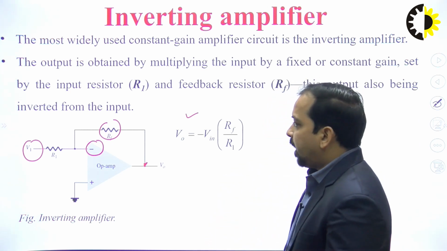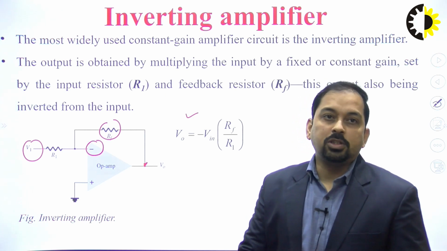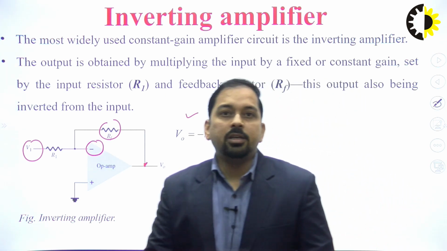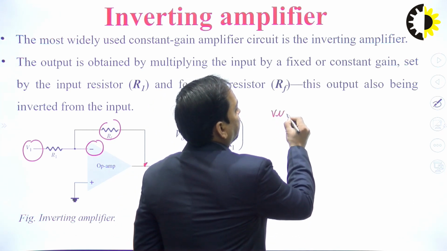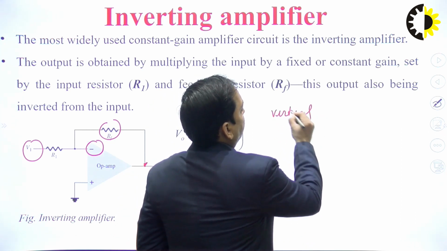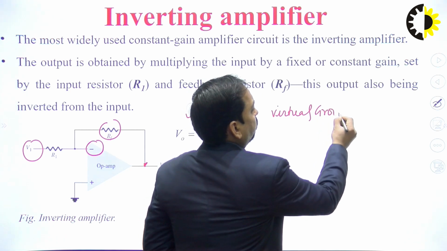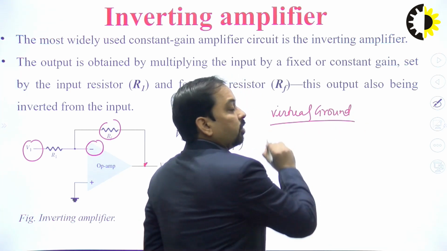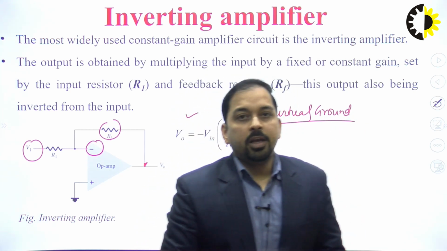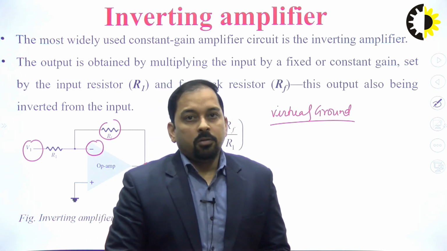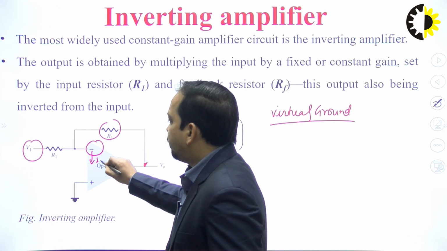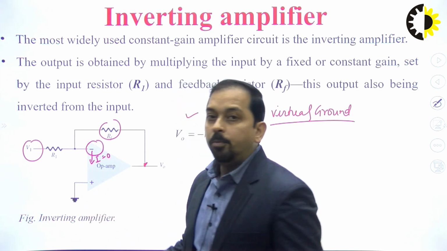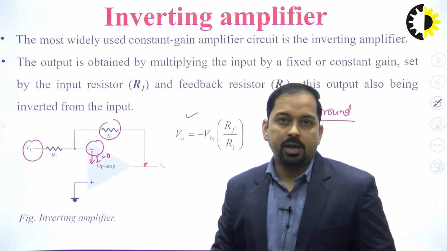So we are utilizing the virtual ground concept. We have already seen what virtual ground is. Virtual ground is something different from the actual ground. In the case of virtual ground, no current enters the input terminal of the OPAMP because the input impedance of the OPAMP is very high.